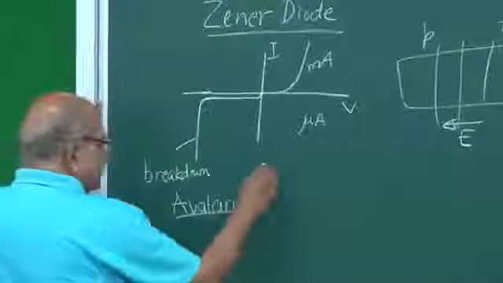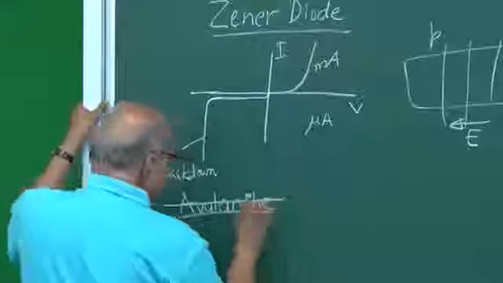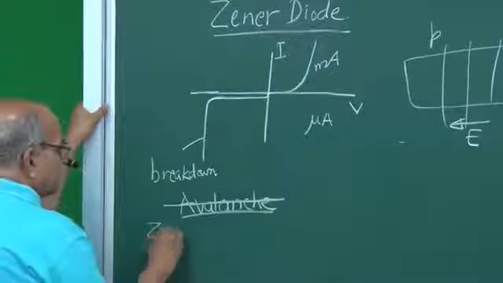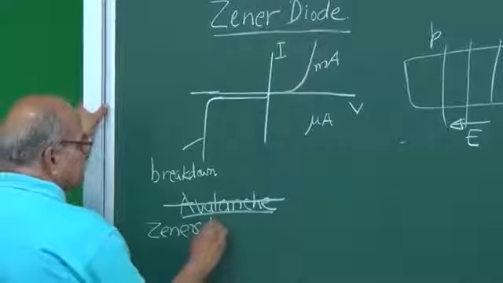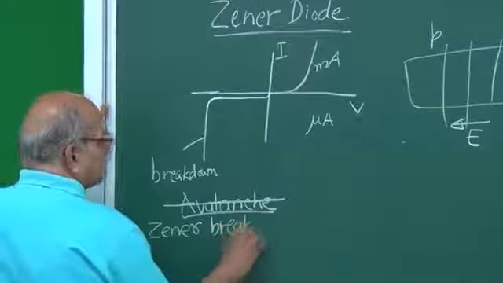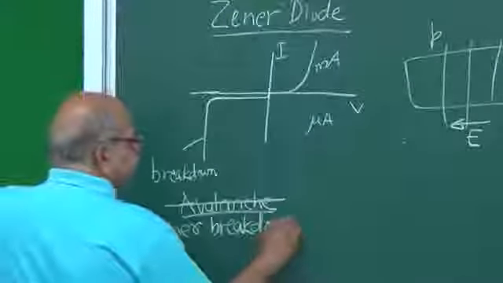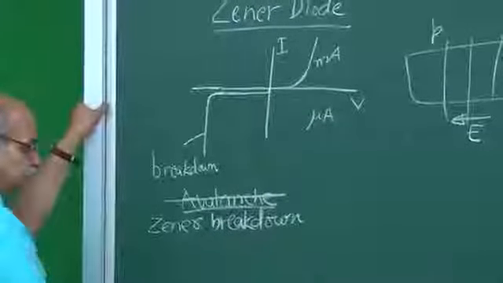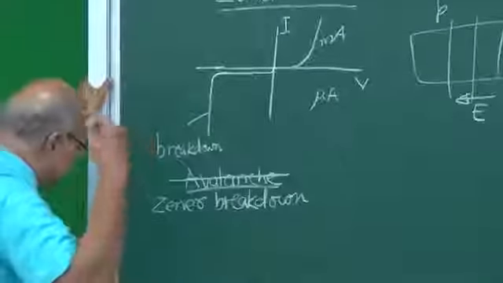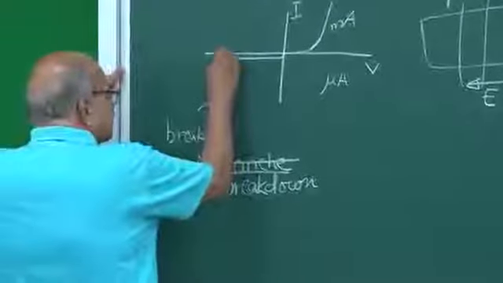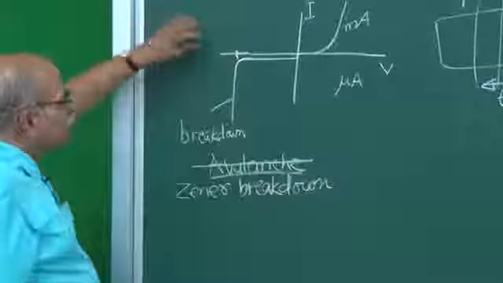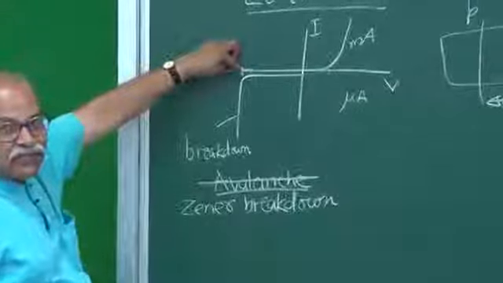Okay. So for Zener there is a different mechanism of breakdown, and that is called Zener breakdown. And the interesting part is that breakdown occurs at an almost sharply defined voltage.